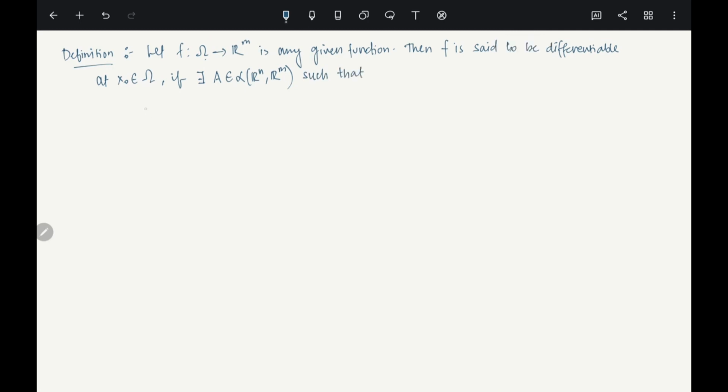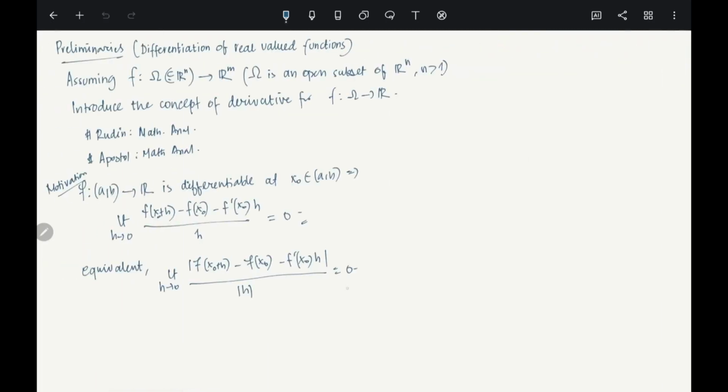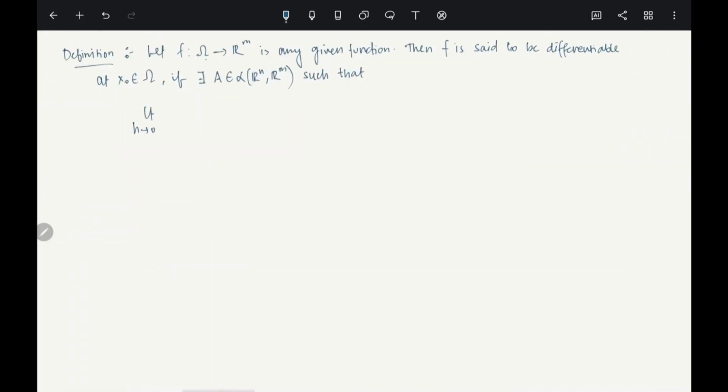This definition is motivated by our earlier one. So what is it? f of x0 plus h minus f of x0 minus the linear transformation acting on h, divided by the norm of h.